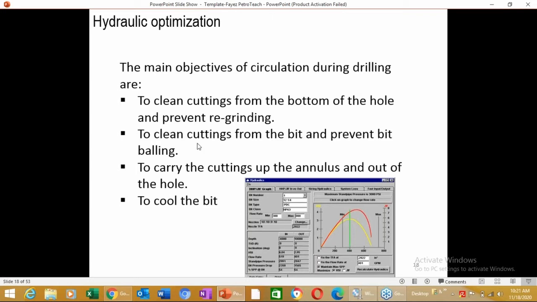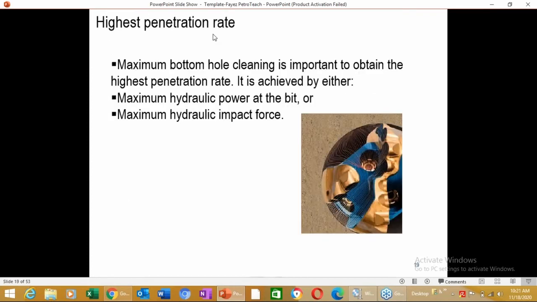Also clean cuttings from the bit and prevent bit balling, carrying cuttings up the annulus and out of the hole, and cool the bit. The highest penetration rate is the most important, so we have to get the highest penetration rate with good hydraulics.